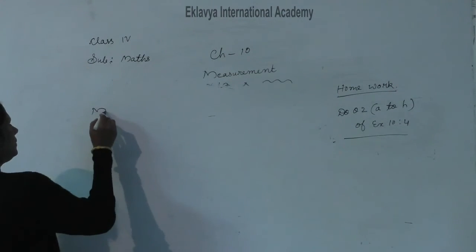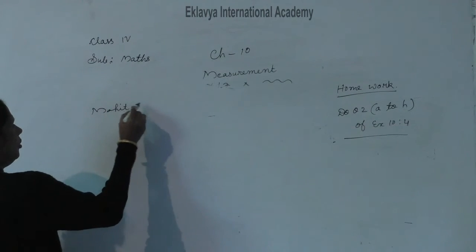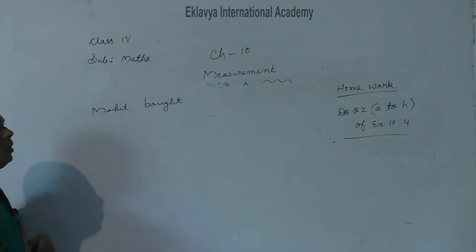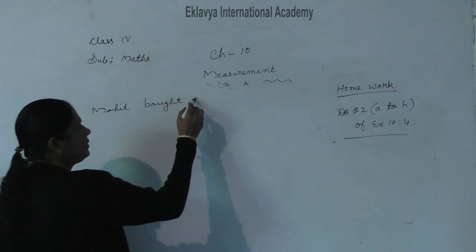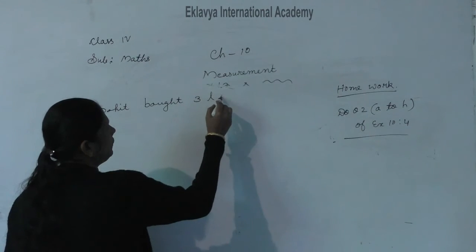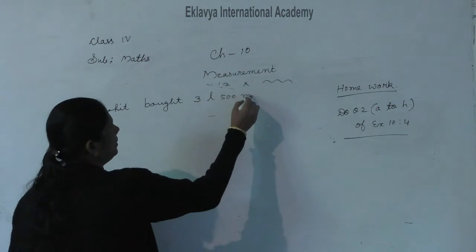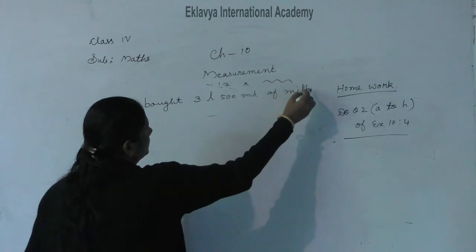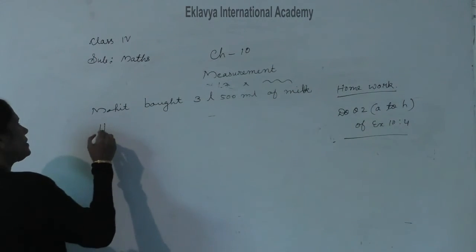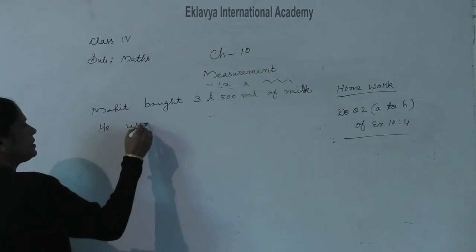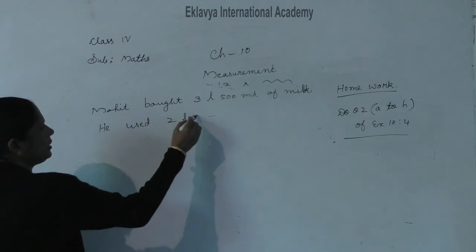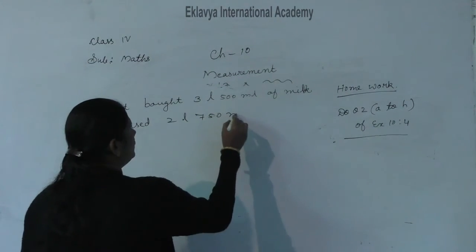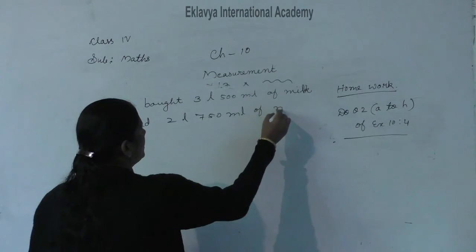Mohit bought 3 liter 500 ml of milk. He used 2 liter 750 ml of milk.